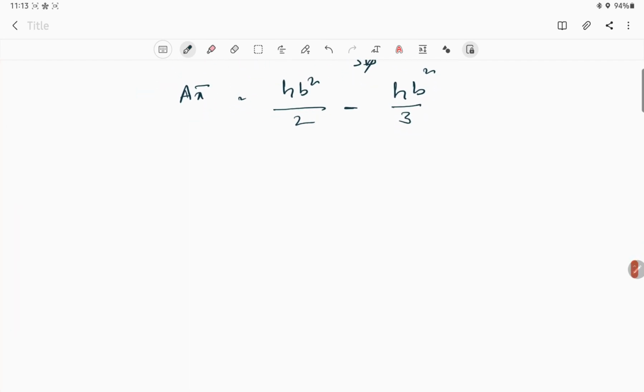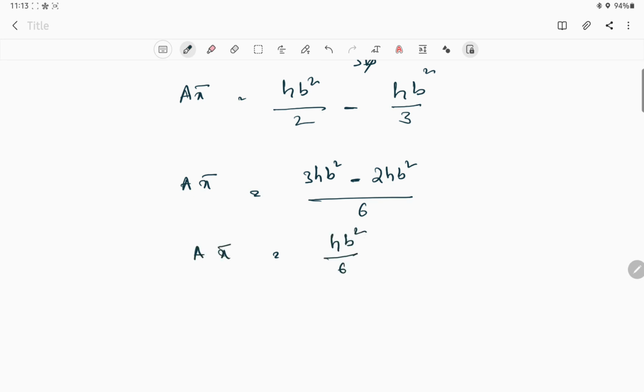If you take the LCM, it will be 6. So 3hb square minus 2hb square, 3 minus 2 is 1. So h b square by 6 is A x bar.